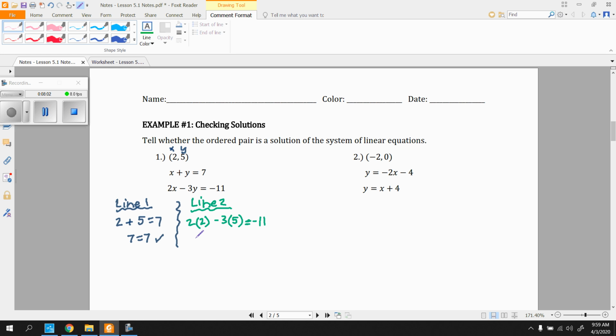Okay, so let's see what happens. 4, and then negative 3 times 5, which is negative 15, or just 4 minus 15. We're seeing what we get. 4 minus 15 is negative 11, which checks out. So yes, (2, 5) is a solution.